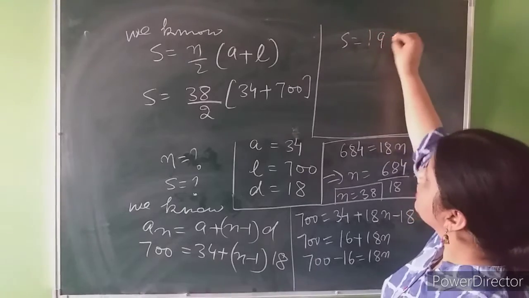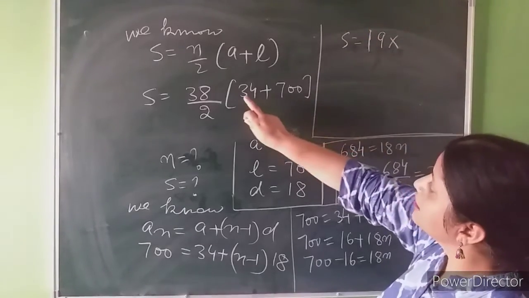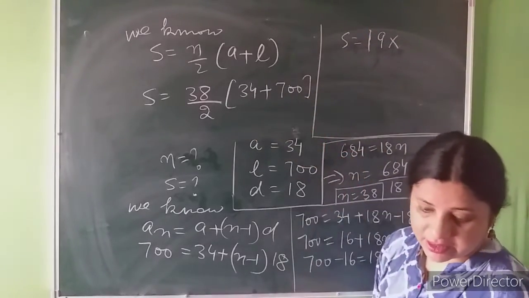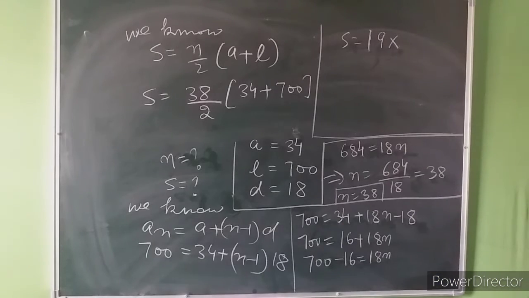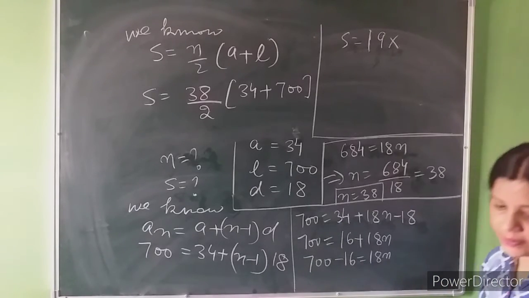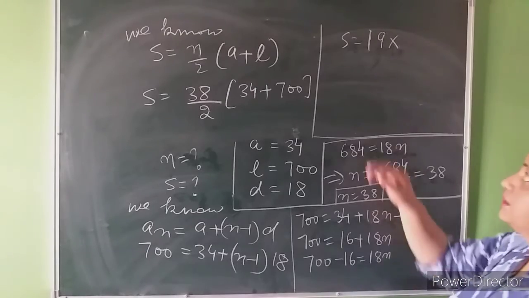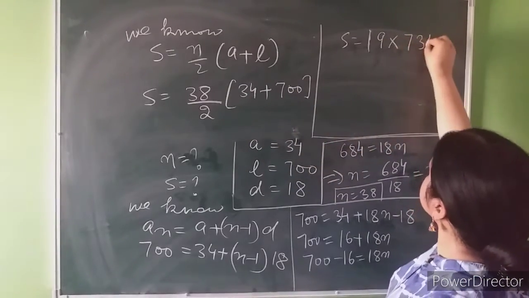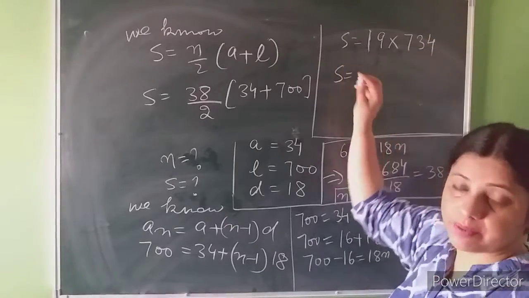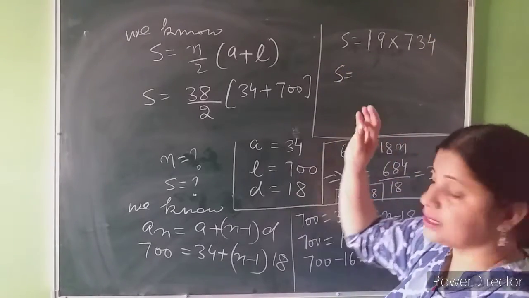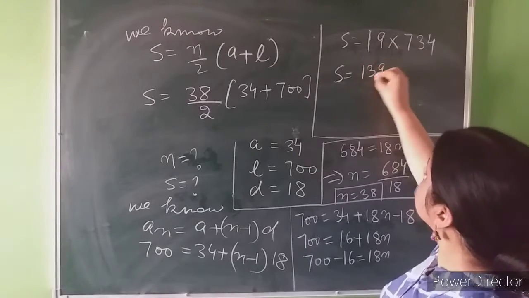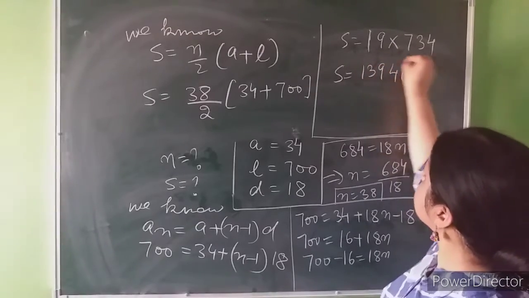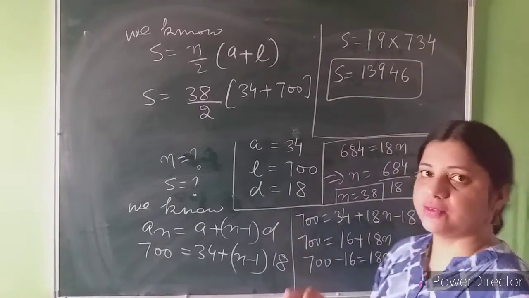So 19 multiplied by 34 plus 700. 34 plus 700 will be 734, and if I multiply these two big numbers, you have to multiply them, the answer will be 13,946.